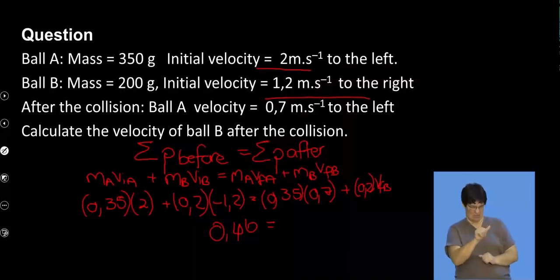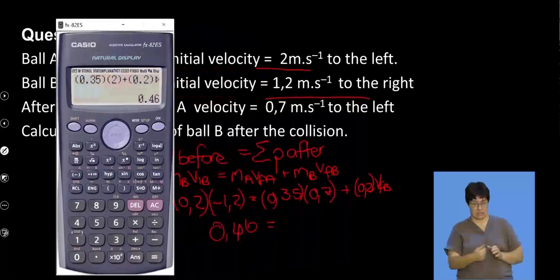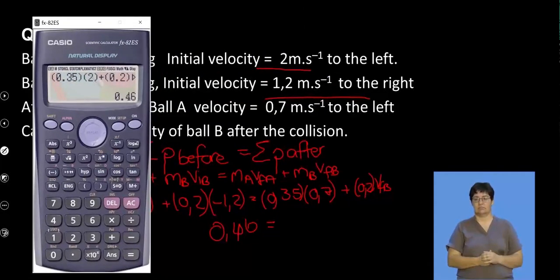Now I'm going to do the other side. Okay. So let's put this over here now. And we're going to go 0.35 times 0.7.